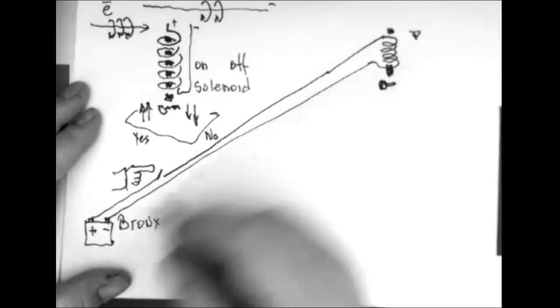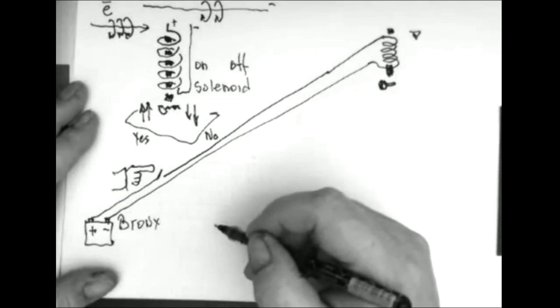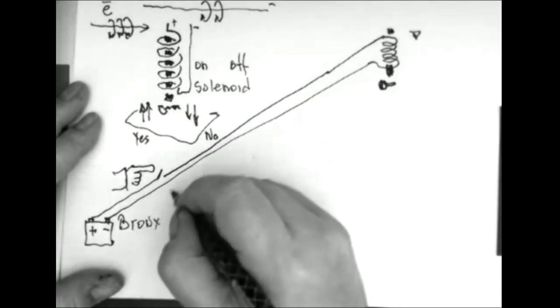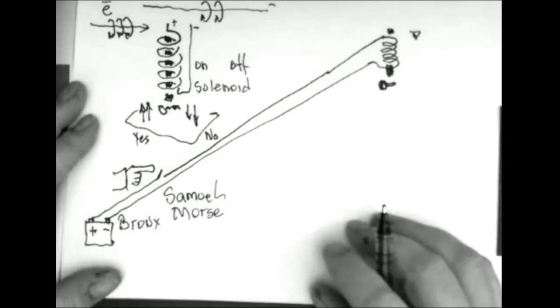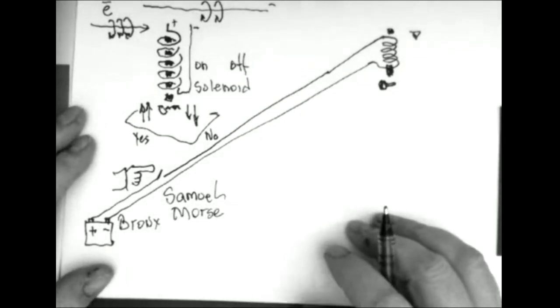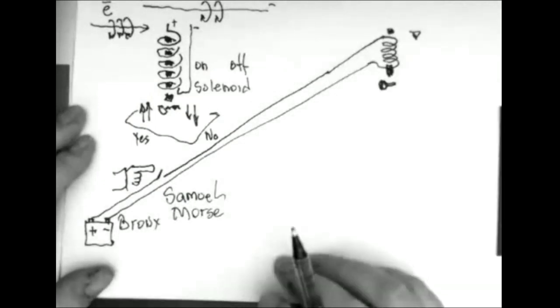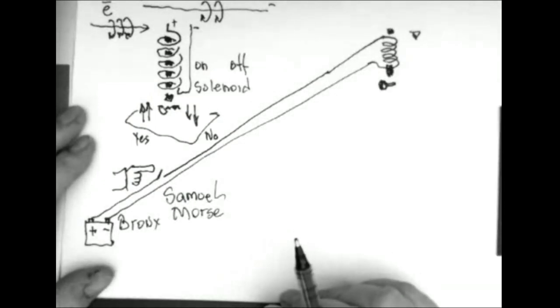Folks, one of the geniuses of this earth, his name was Samuel Morse. In the 1830s, he considered that we can transmit information through this device.